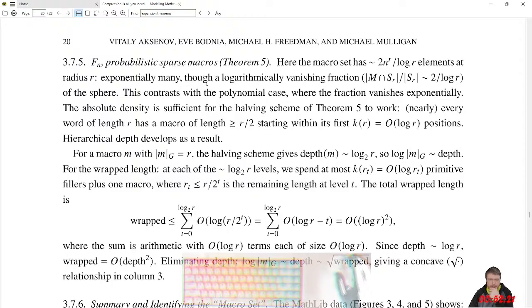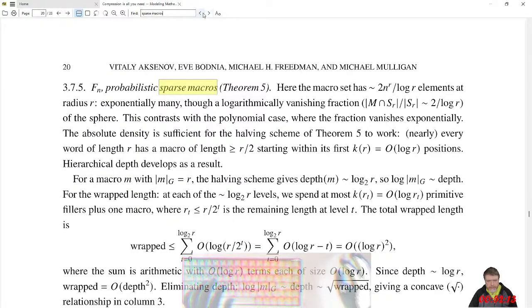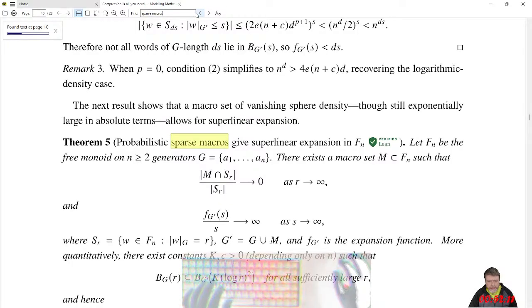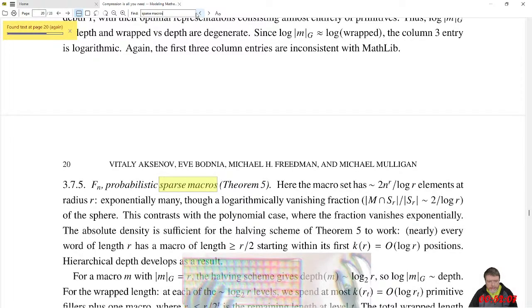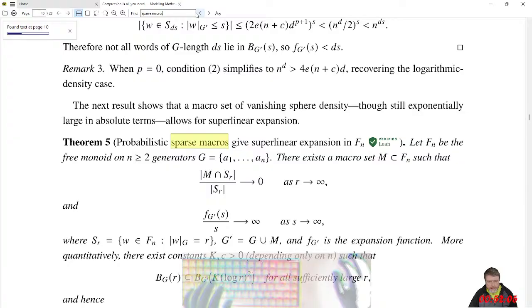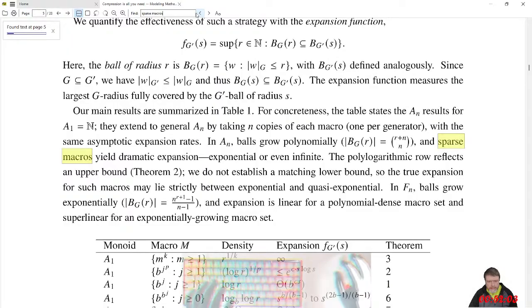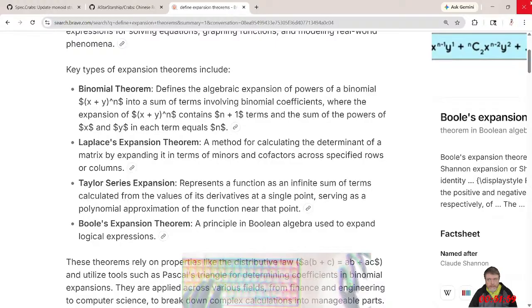What does a sparse macro mean? Well, what is a sparse macro?